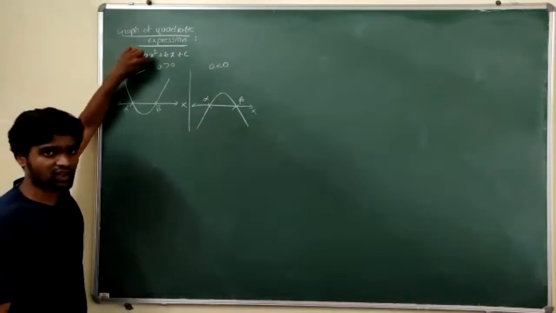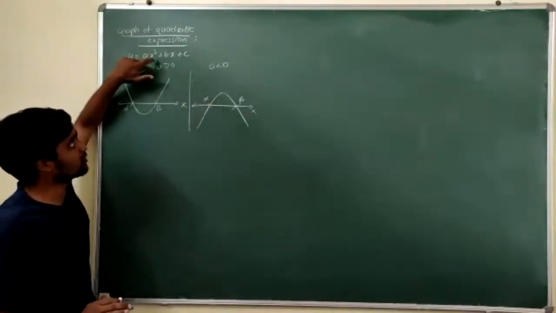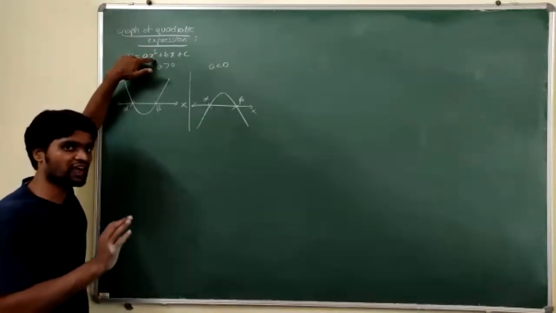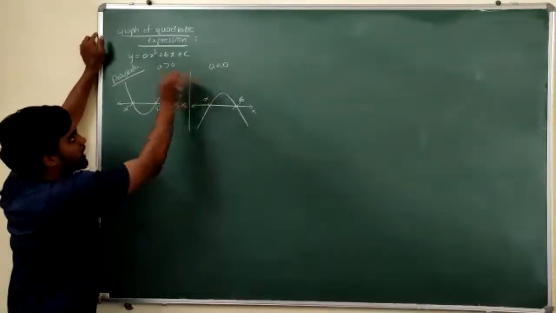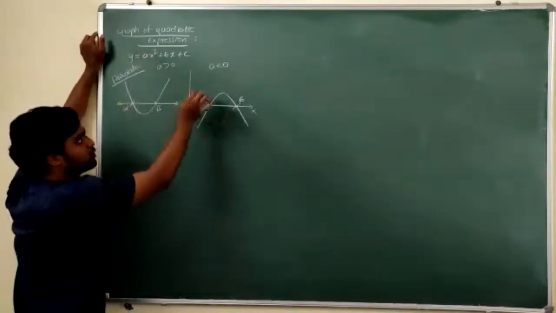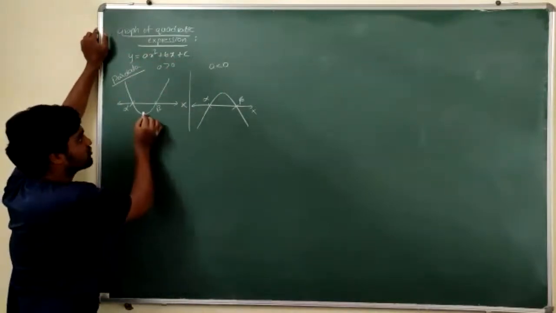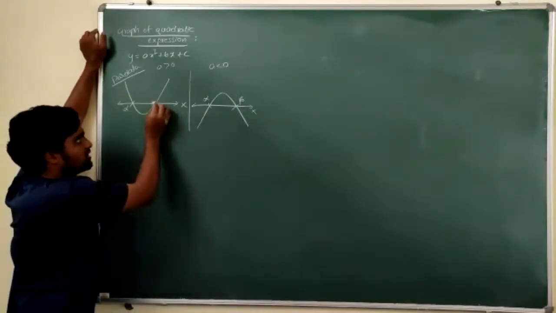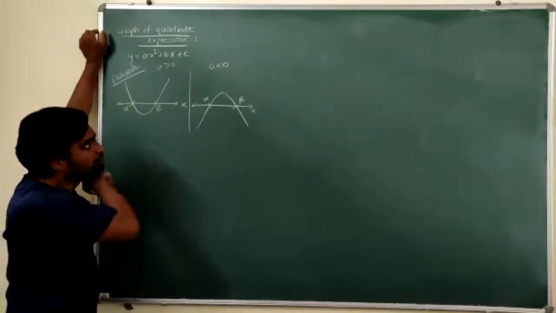When you put alpha in place of x, it will give you the value 0. When you put beta in place of x, again it will give the value 0. So y is 0, right? If you put x as alpha, you get y as 0. If you put x as beta, you also get y as 0. So where is the y coordinate 0? On the x-axis, right? So that is why these 2 points are alpha and beta.